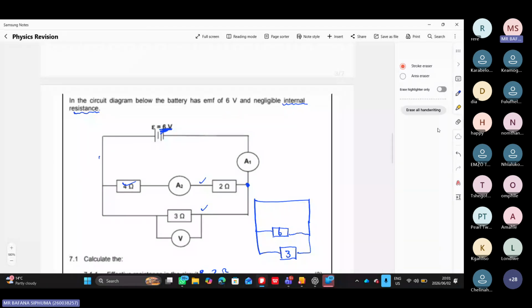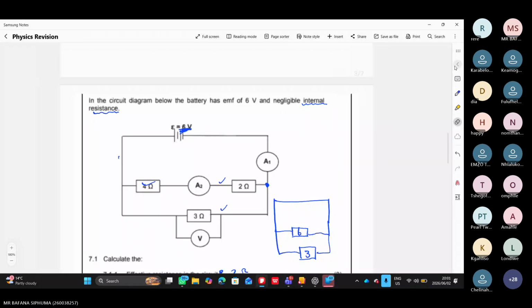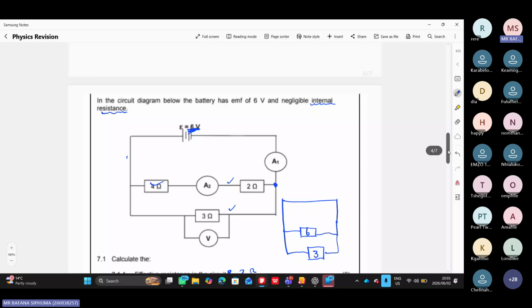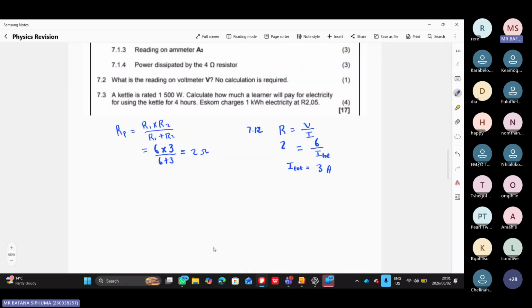In order to find this, I'm going to show you 2 ways. But let's do the normal way first. You can use Ohm's law, R is equal to V over I. Then what was the resistance for that branch?